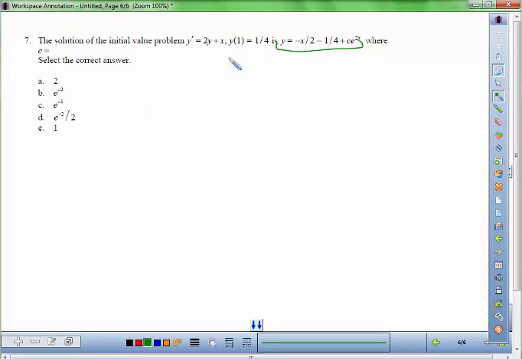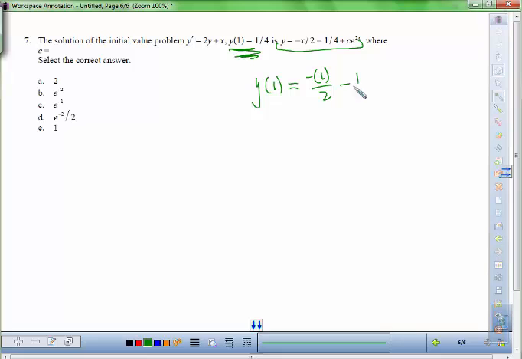But we do know that this is your initial condition, and so with the initial condition we should be able to find C. So y of 1 is equal to, let's put 1 in for x, these are the x's that were replaced.